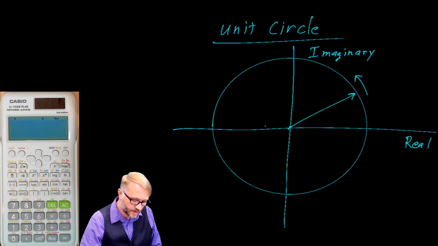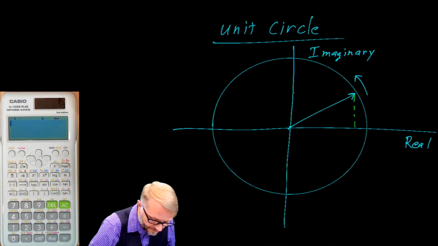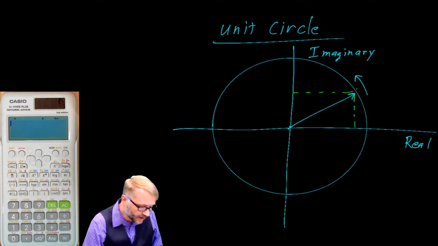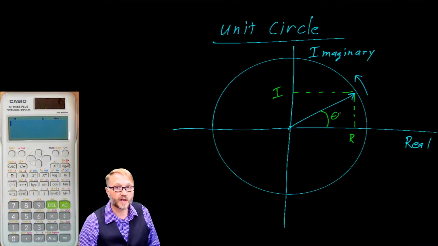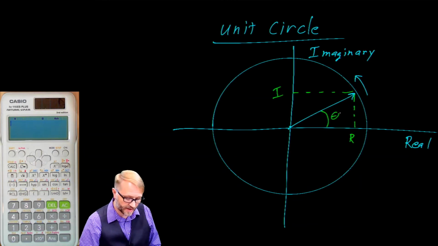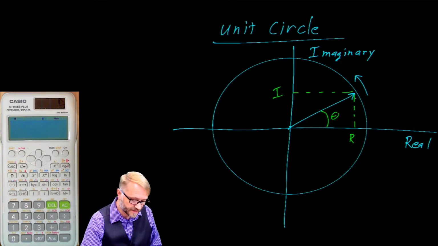we can describe the position of this rotation using two terms. We could talk about the imaginary piece, and we could talk about the real piece. Or we could talk about this angle theta. These are all different ways of describing where this vector is pointing.